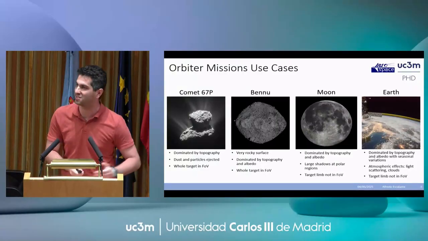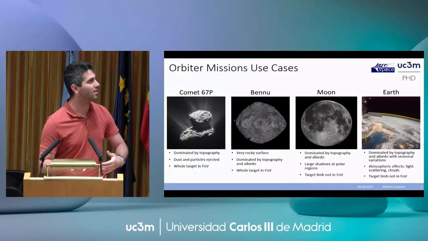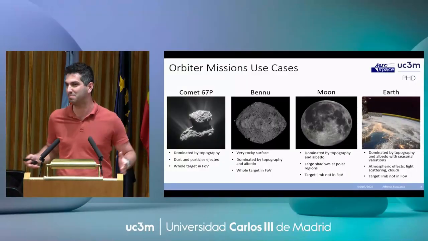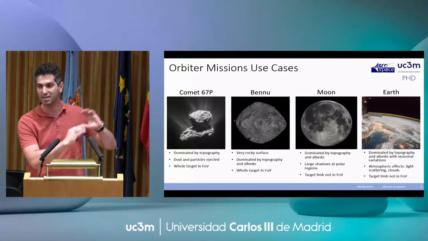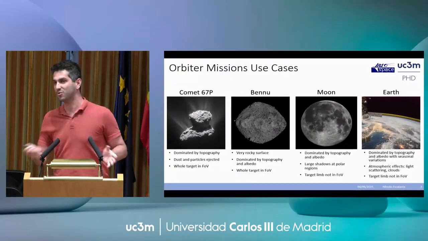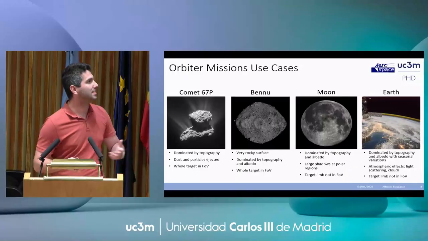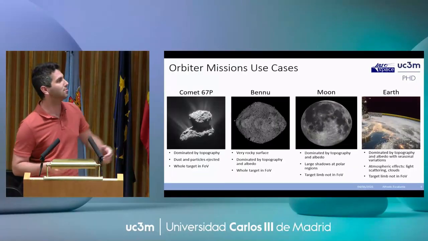That's what I presented last year, but not to repeat myself, because in the last month I've been busy with the thesis, we did a side investigation of applying all this methodology to the Moon, which is now very much in the news with all these missions and the future human exploration.